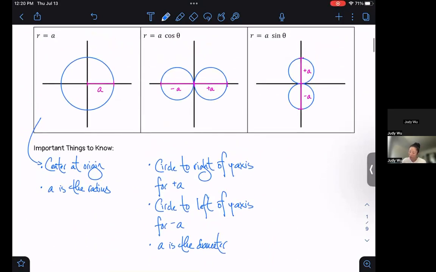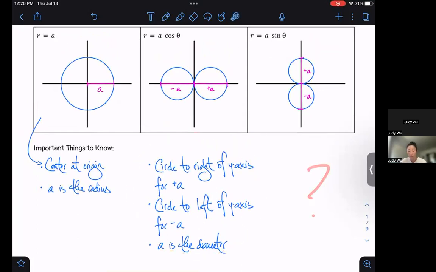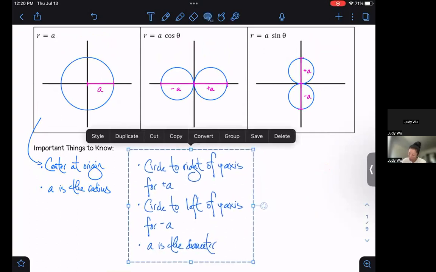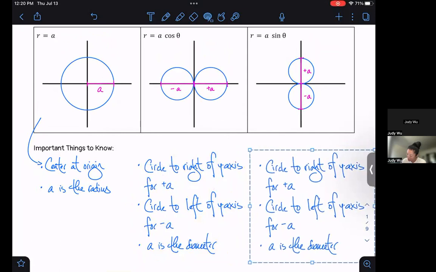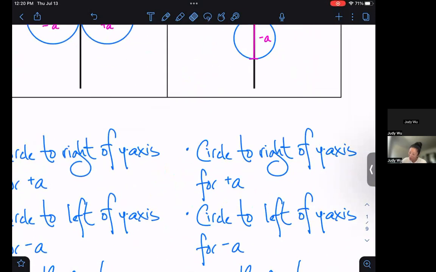All right, now, how would we take this information and modify it to write for the third picture? Okay, so let's actually duplicate and modify. So we don't have a circle to the right or the left, so we'll get rid of those. And it's not the y-axis, okay?